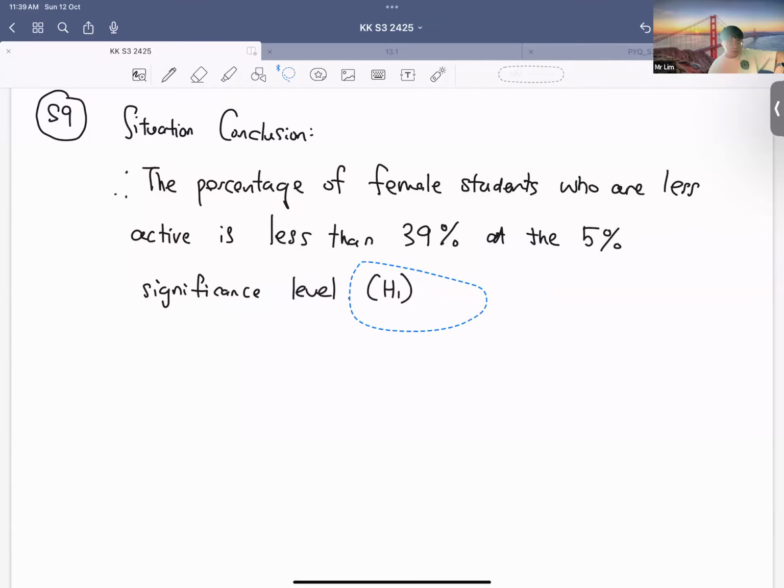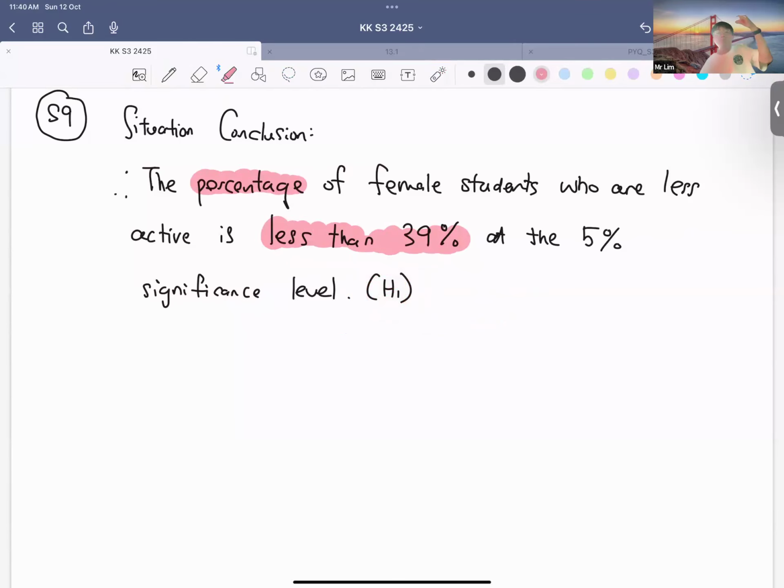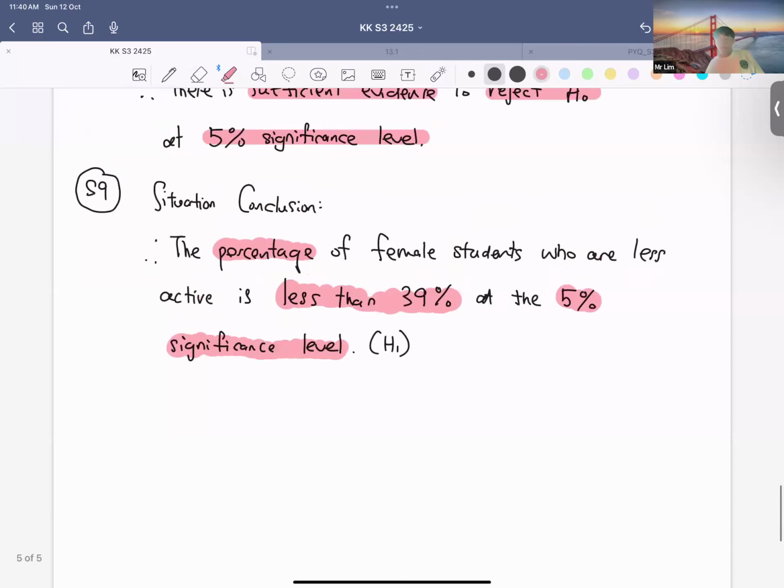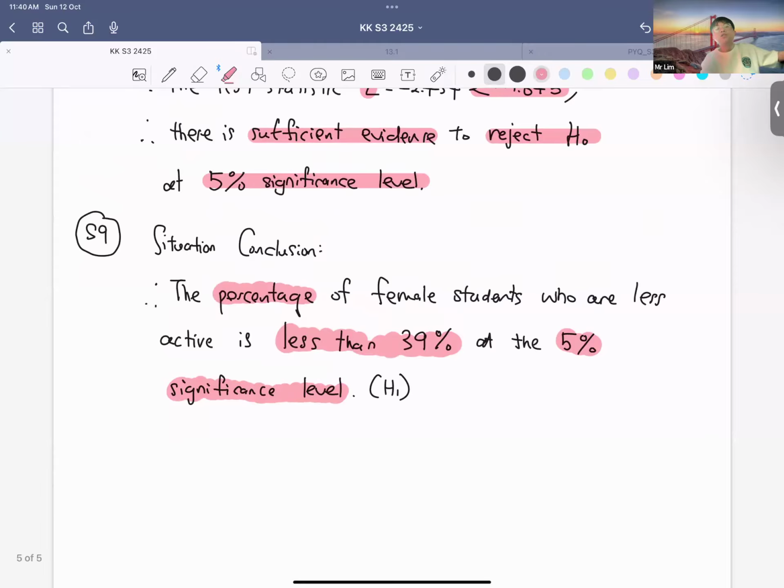This is my H1. This one no need to write. But I'm just reminding you, you are going to write back what is in your H1, which is less than 39. Proportion becomes percentage, then 0.39 becomes 39%. That's all. And of course you must have this. The best answer ever to state the situation conclusion. All right, and then you're going to do the male on your own.